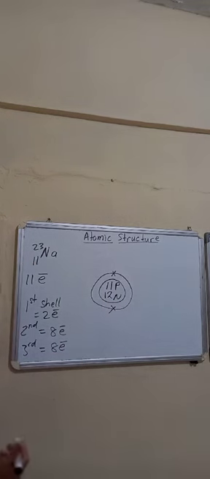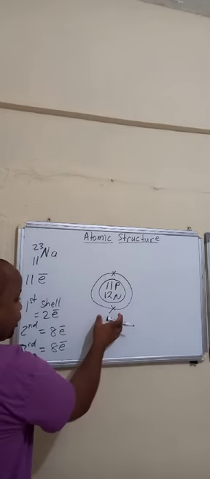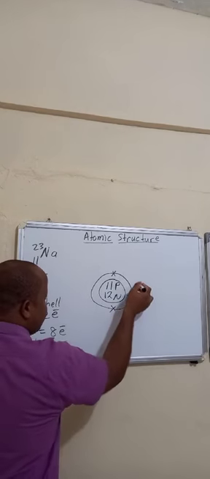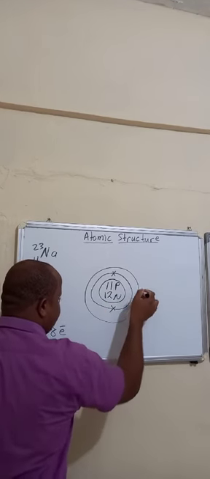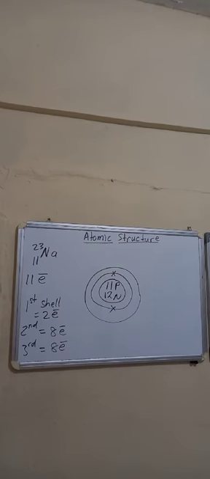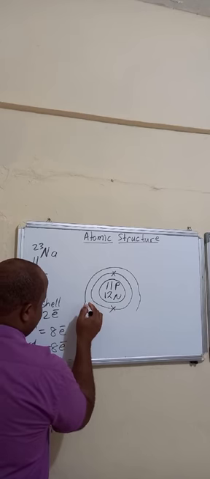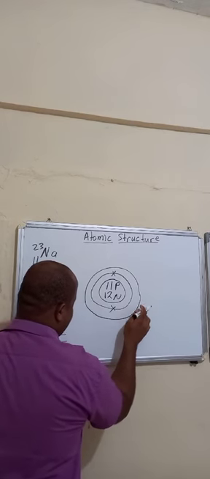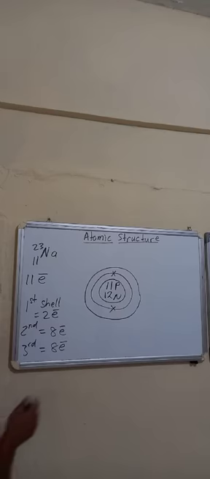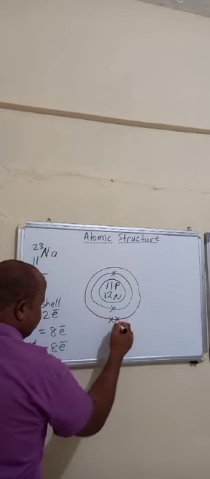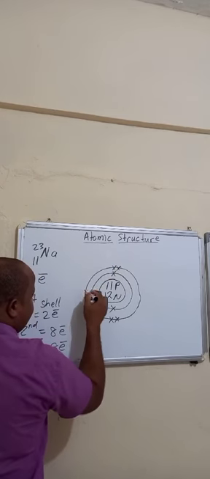Alright, we can use an X or a dot to represent our electrons. So sodium has 11, but on the first shell, we cannot put more than 2. That means we need a second shell. Now the second shell can hold a maximum of 8. So we put 2 on the first one, and the second one can hold a maximum of 8, so we can put 8.